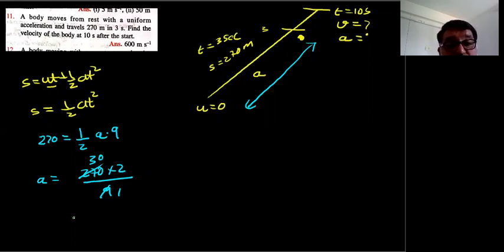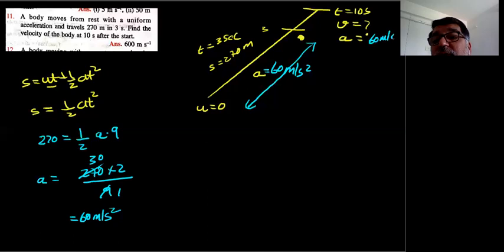So acceleration equals 60 meters per second square, which will be the same for the 10 seconds also, which is 60 meters per second square. Everywhere the acceleration is exactly the same.